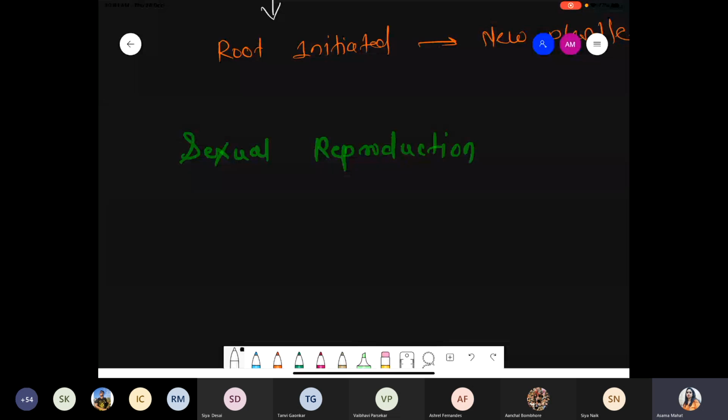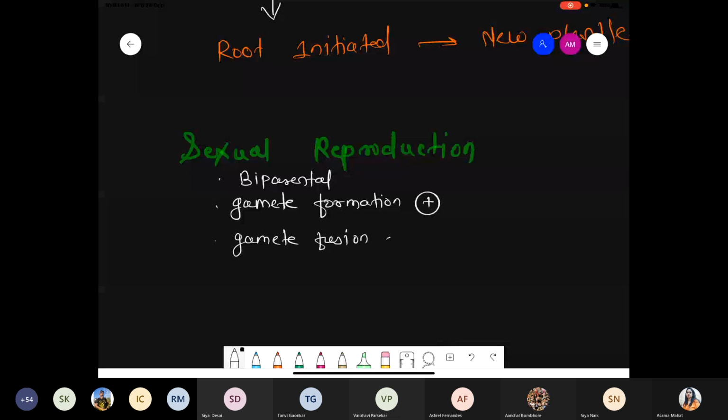You know very well, sexual reproduction is basically biparental, gamete formation भी होगा, gamete fusion भी होगा. Two parents get involved, and after the gamete formation, there is a gamete fusion also present, right? That is called fertilization. And after the fertilization, male gamete fuses with the female, and finally there is a formation of zygote.